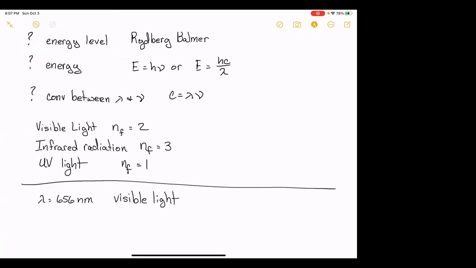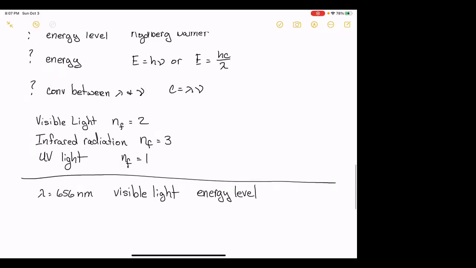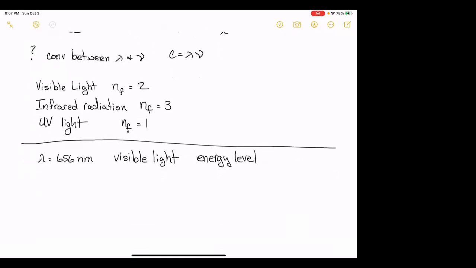And the other thing that I saw in there was the words energy level. So the very first thing I needed is 1 over the wavelength is equal to R times 1 over n sub f squared minus 1 over n sub i squared.